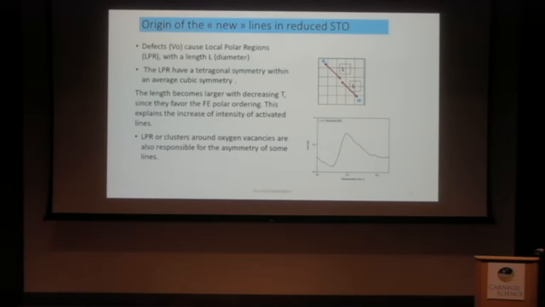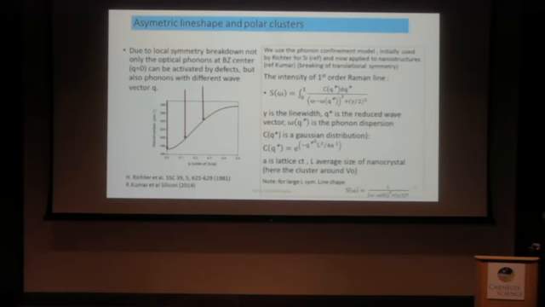That means that you have a breaking of Raman selection rules, which can induce the observation of first-order lines. Another important point is that these clusters around oxygen vacancies are also responsible for the asymmetry of some lines. I will show you how in a few moments.